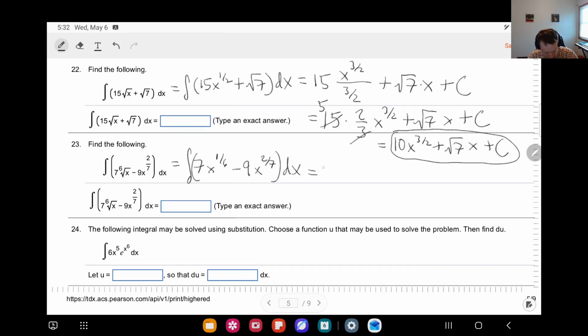So you will add 1 to the power. That's x to the 7/6 divided by 7/6. Okay, then minus 9 x to the 9/7 when I've added 1 divided by 9/7 plus c.